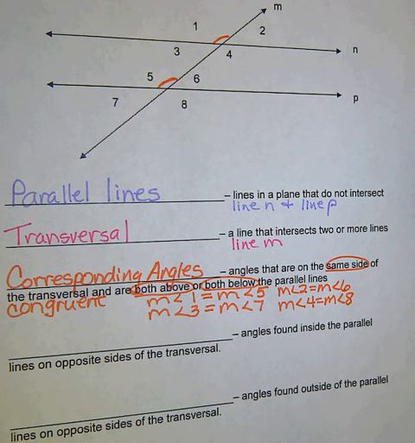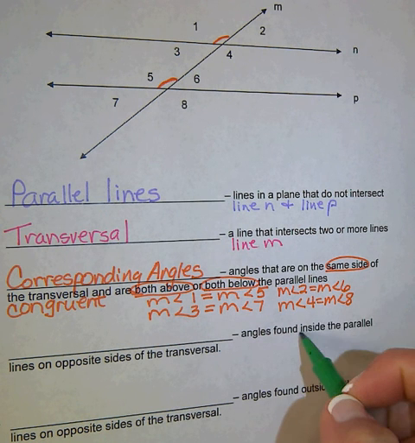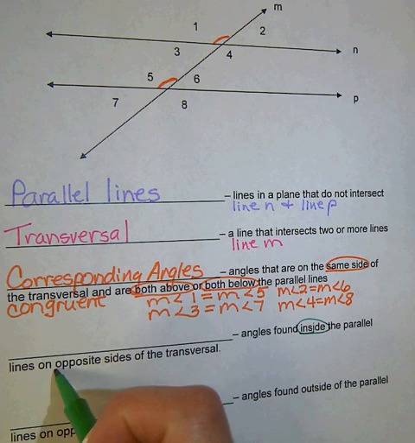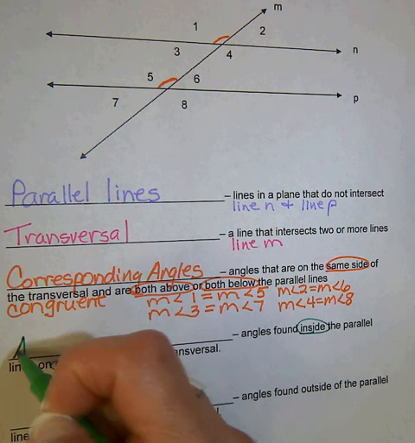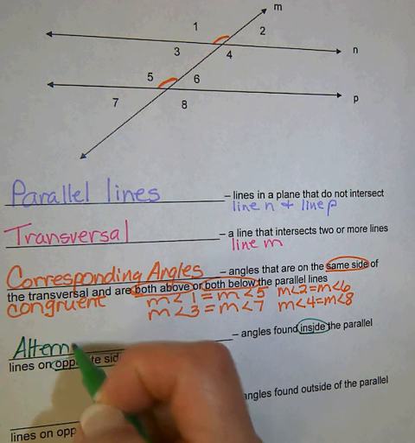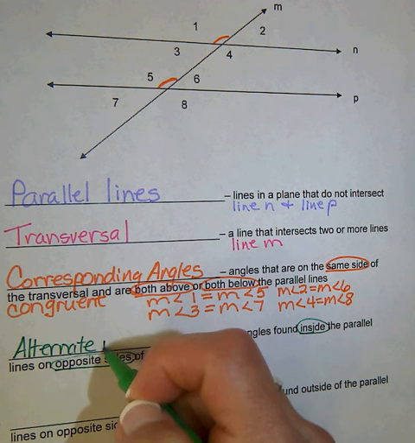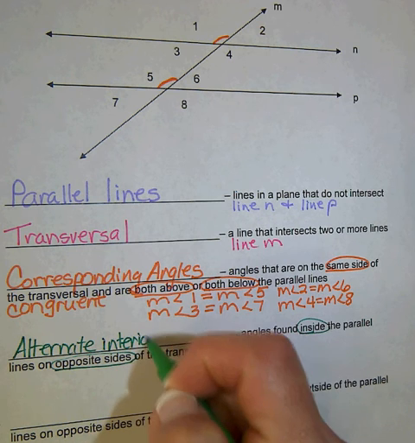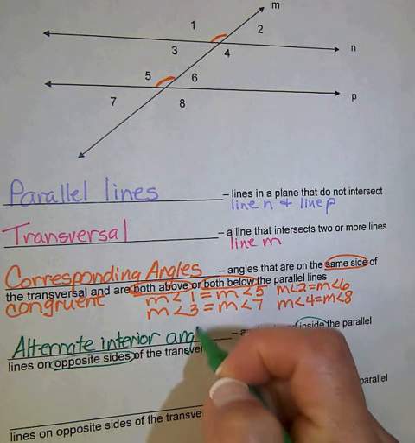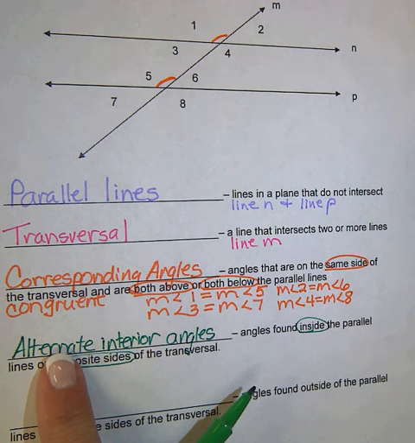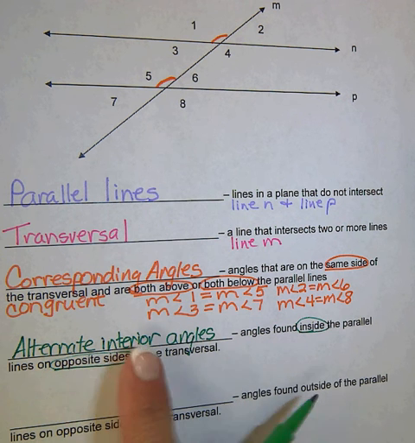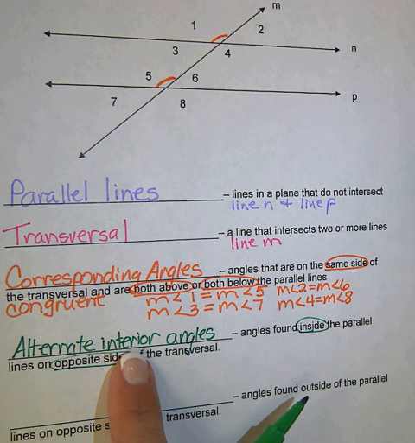Okay, our next term, angles found inside the parallel lines on opposite sides of the transversal. So inside the parallel lines on opposite sides of the transversal. These are called alternate interior angles. Alternate is another word for opposite, and interior is another word for inside.